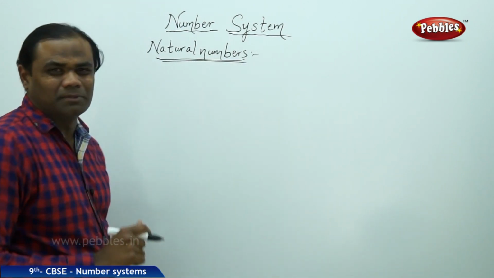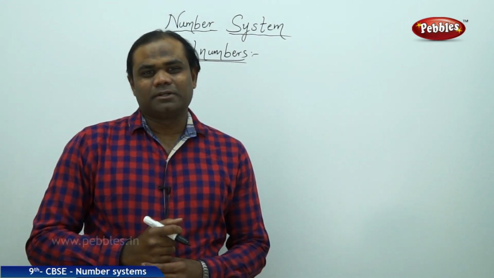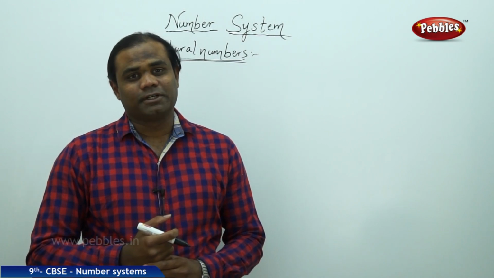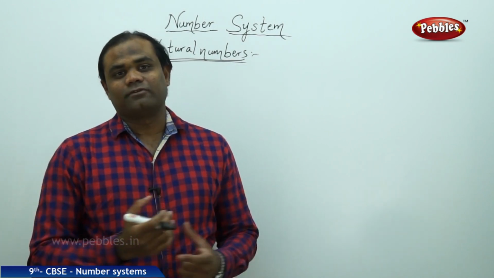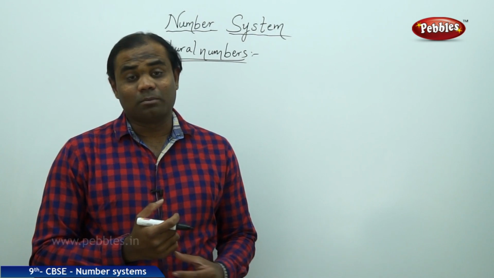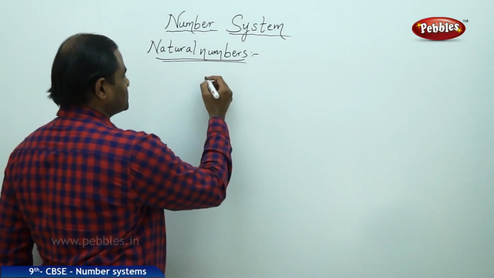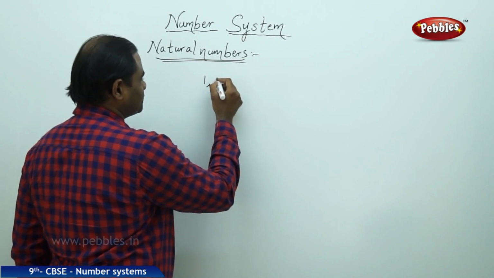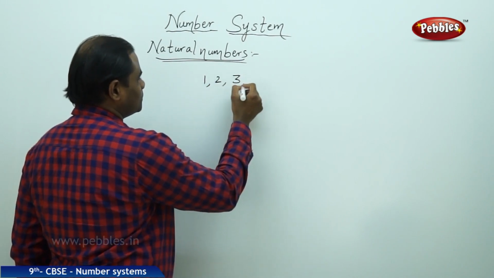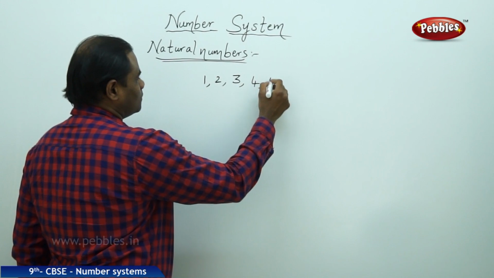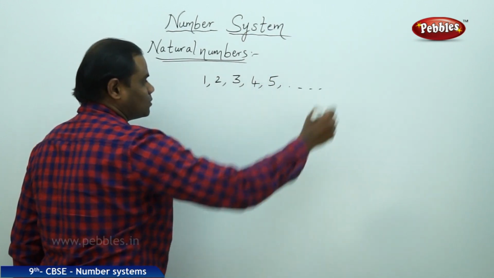What are natural numbers? Natural numbers are the numbers which cannot be expressed in fraction form other than with the denominator being 1. Say for example, I take the natural numbers to be starting from 1, 2, 3, 4, 5, and so on and so forth.